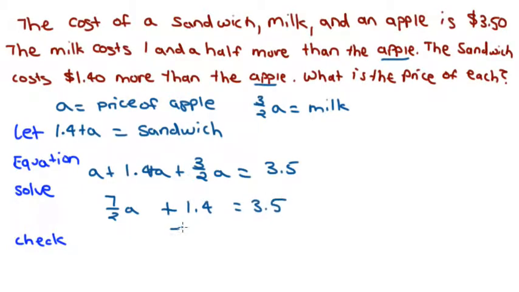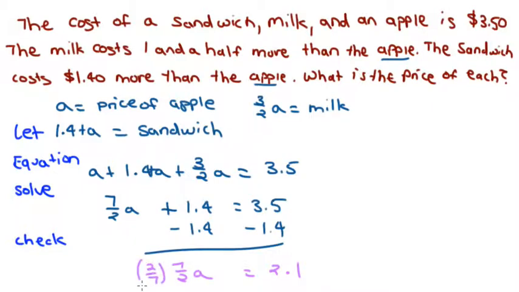So we subtract 1.4 and we get 7 over 2A is equal to 2.1. So now we multiply both sides by 2 over 7 because we're multiplying by the reciprocal. So we get 2.1 times 2 is 4.2, so we get 4.2 over 7, which is 0.6.